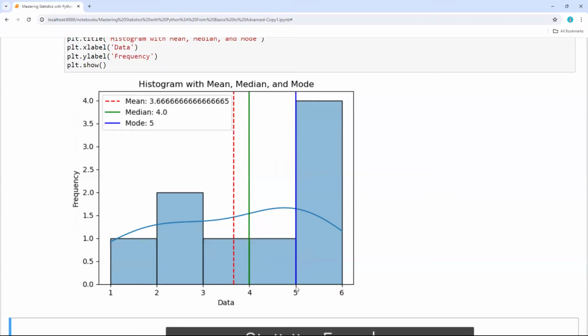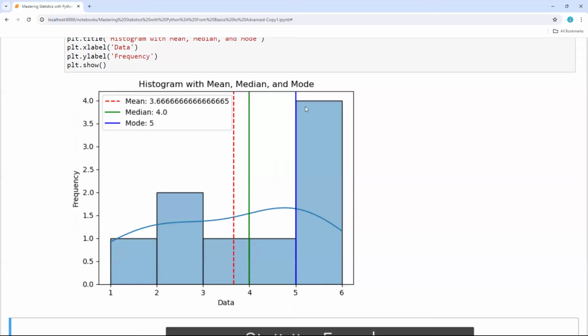So this is the mode. This is the data distribution, this is how my sample data is distributed. You can apply this syntax and see the mean, median, and mode visually. Isn't it good? This is the mean, this is the median, this is the mode, and this is how the data is distributed: a histogram with the mean, median, mode, and the frequencies.